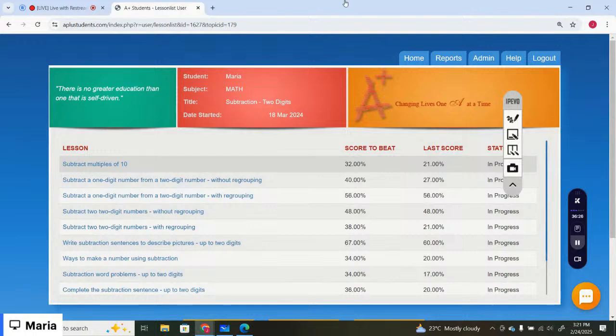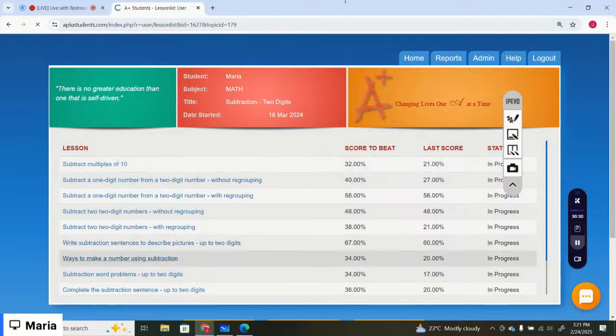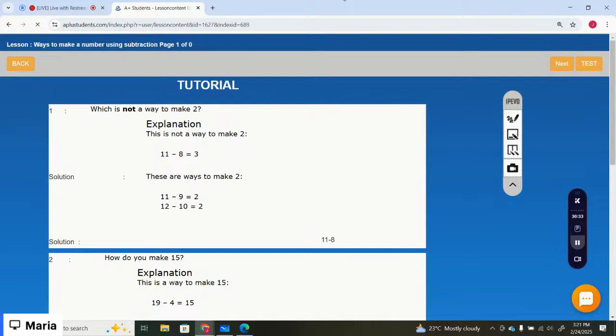The next lesson is ways to make a number using subtraction. Which is not a way to make 2?